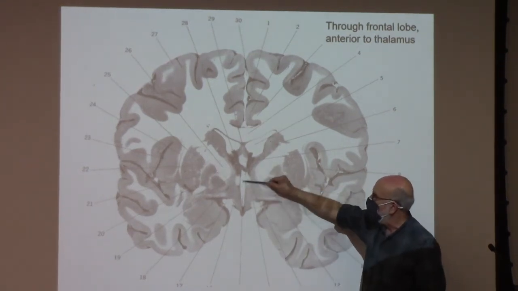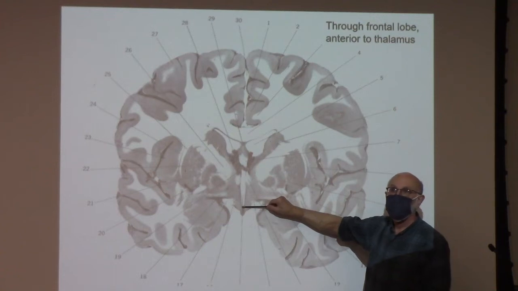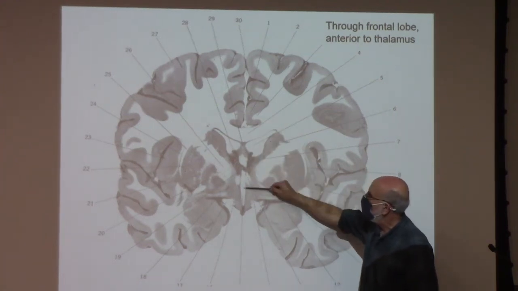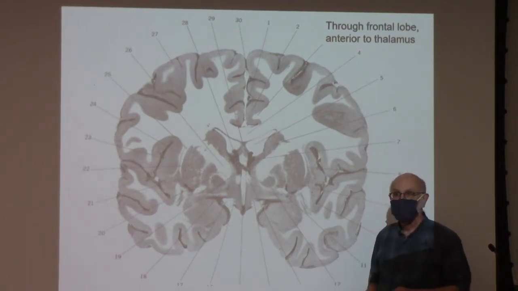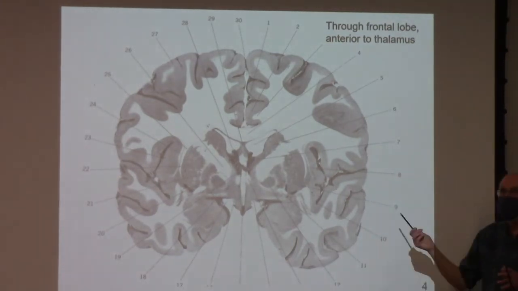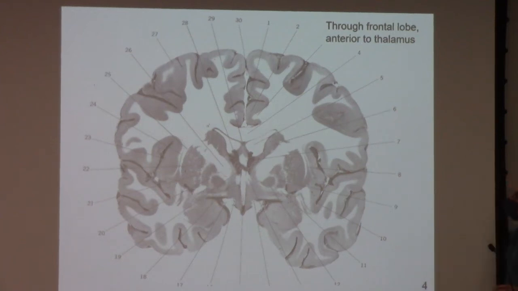This space right here has a name. It's called the third ventricle. So lateral ventricle, third ventricle. Things to know. Because I could throw this slide up and say, give me 10 labels.